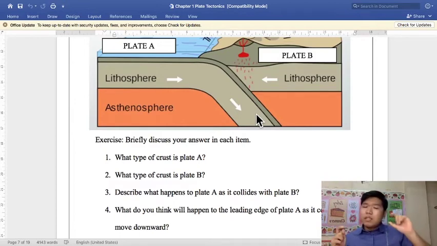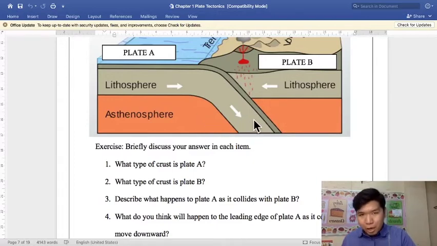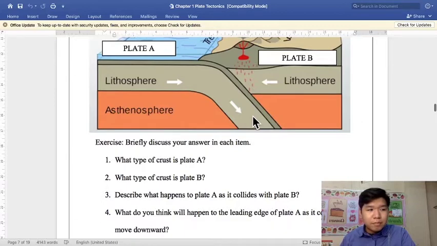The asthenosphere is part of the mantle. Okay? So, when plate A sinks, it will reach the mantle, and as it reaches the mantle, all of the plates here are going to melt because of the heat and also because of the pressure. So the answer to number 4, the leading edge of plate A will melt because it reaches the mantle.